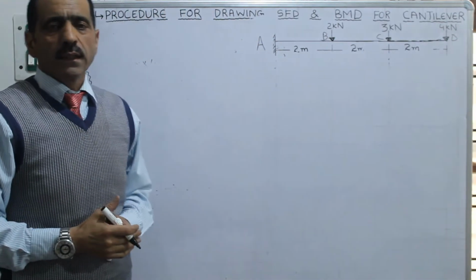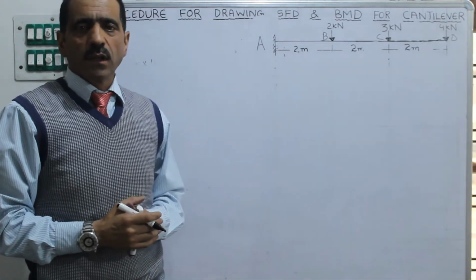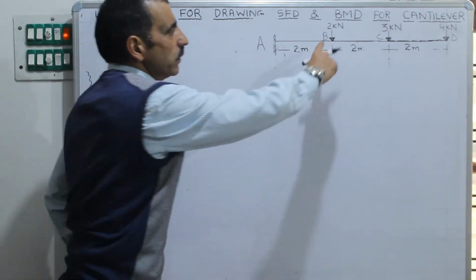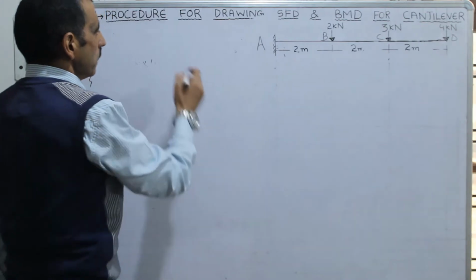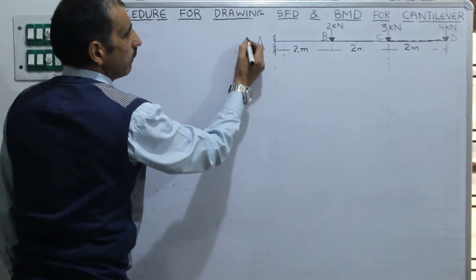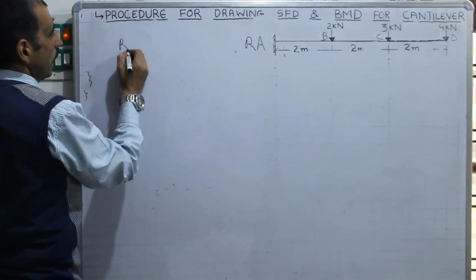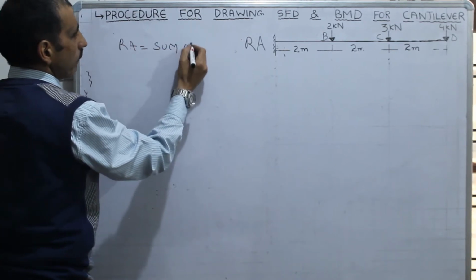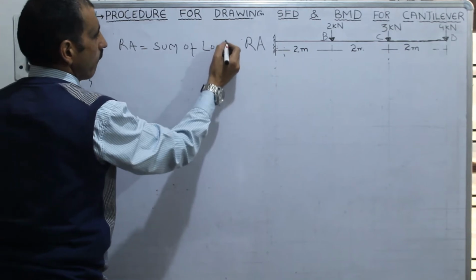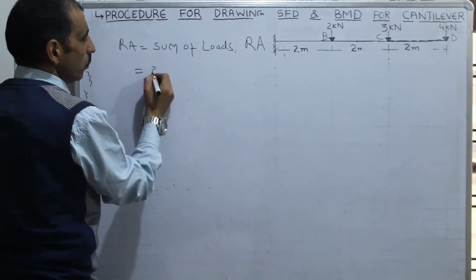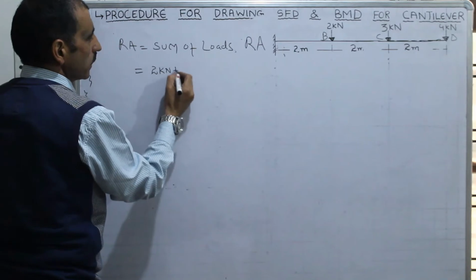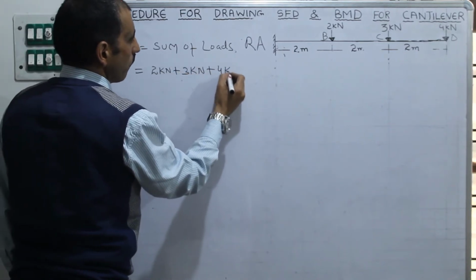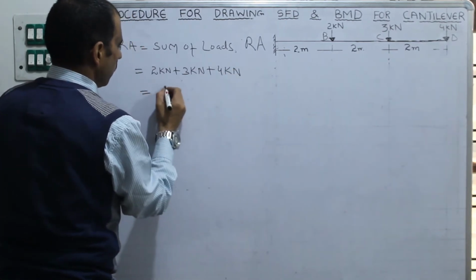Since we know that in the case of a cantilever beam there is only one reaction, and that is at the fixed end. That reaction is equal to the sum of the loads. That means only one reaction, RA, that is equivalent to the sum of loads, and that is 2 kilonewton plus 3 kilonewton plus 4 kilonewton, and it comes to 9 kilonewton.